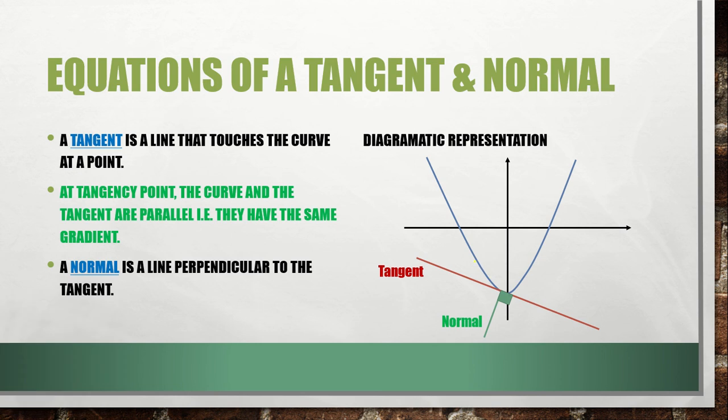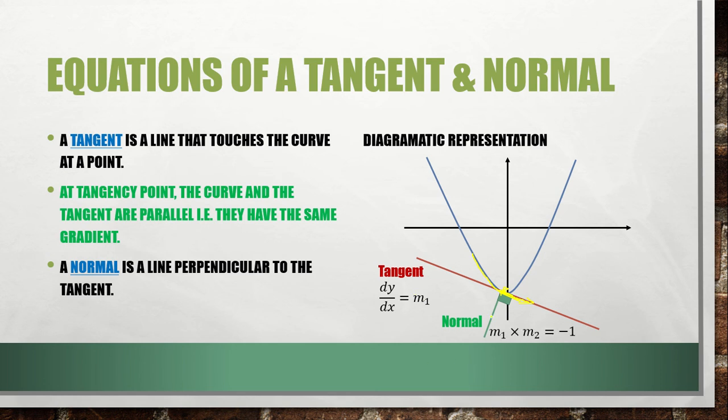So if I have a point here, it will be flowing downwards, and the moment it touches the tangent, notice the point is pointing in that direction. From this particular point, it means it's parallel to the tangent. I believe you can notice that. So the tangent is parallel, which means the gradient at that point will be equal to the gradient of the tangent. What about the normal?